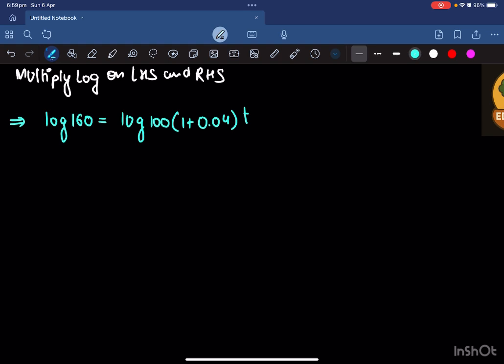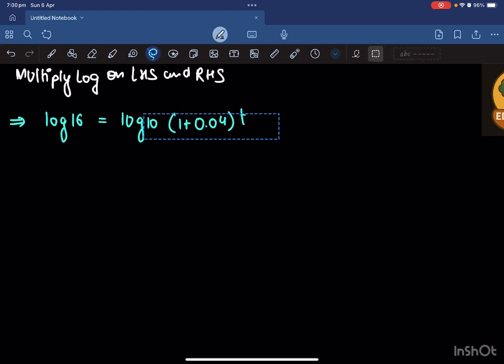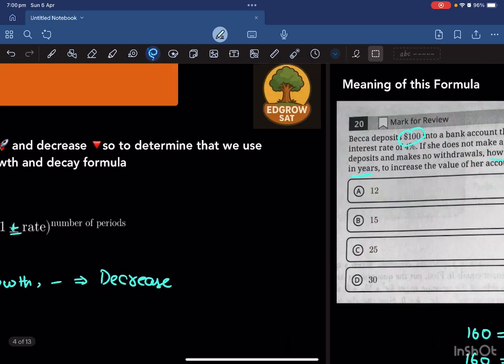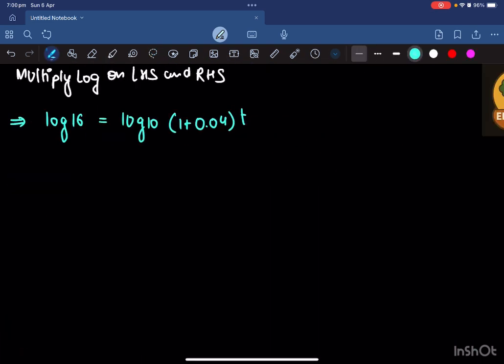First of all, before taking the log, we can cancel it out. What is the factor? How many twos are required to make 16?